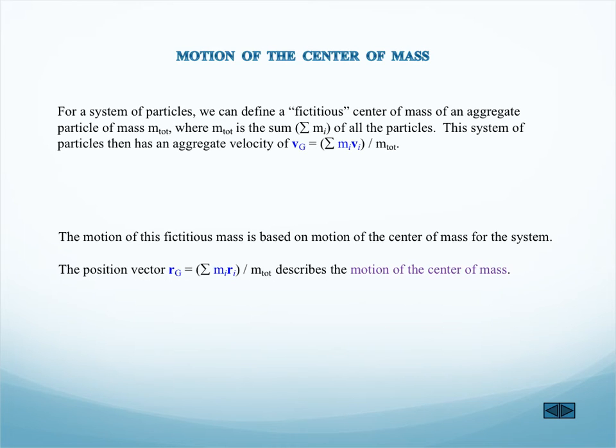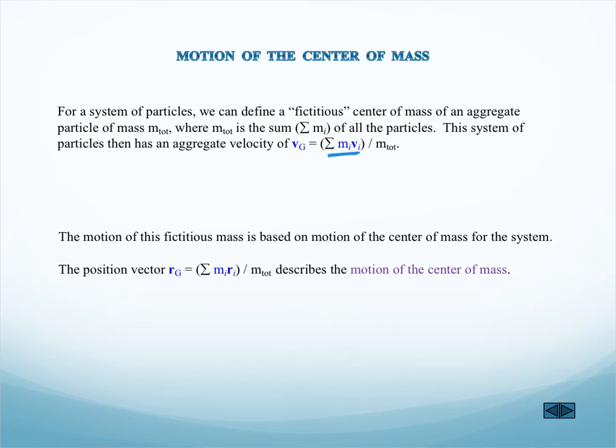This is another time where we can think about the idea that if we have a system of particles, we can describe them in terms of the velocity and the position of the center of mass. Notice that when we're finding the velocity of the overall system, we're looking at the total linear momentum of the particles divided by the total mass.